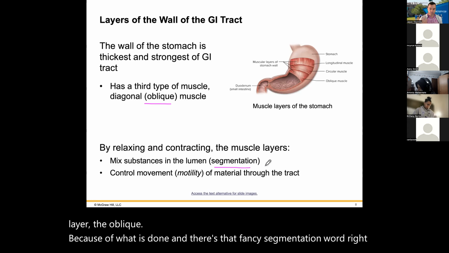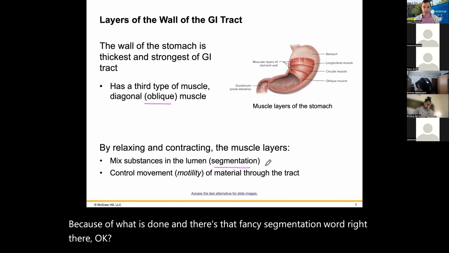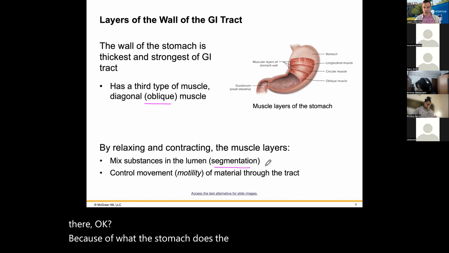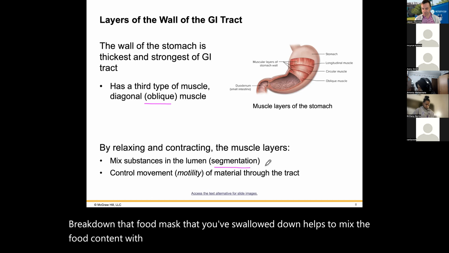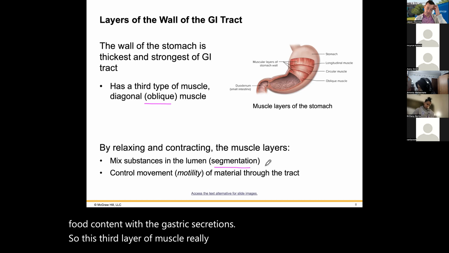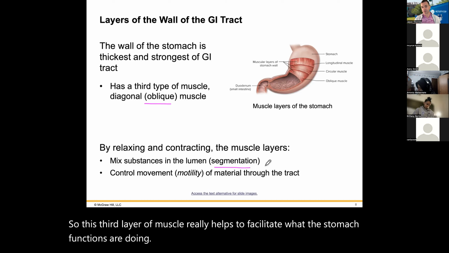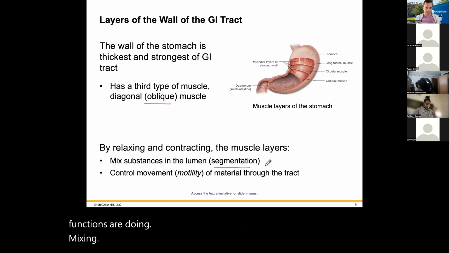Because of what the stomach does, the stomach helps to really churn and break down that food mass that you've swallowed down. It helps to mix the food content with the gastric secretions. So this third layer of muscle really helps to facilitate what the stomach does, mixing food with gastric secretions.